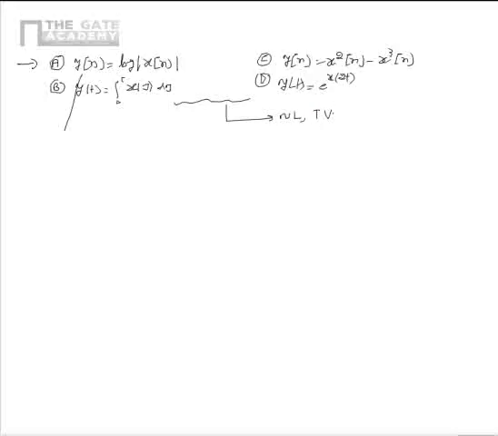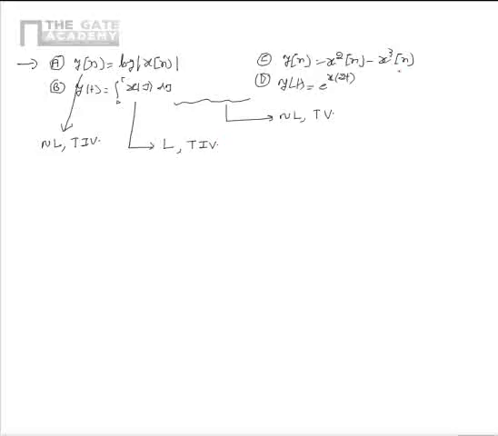We see that from the option A, the system doesn't satisfy superposition principle, so the system is nonlinear. Also, we see that the delayed version of output is equal to the output due to delayed version of input, so the system is time invariant. Similarly, we see that the system in option B is linear as it satisfies superposition principle, and also it is time invariant.